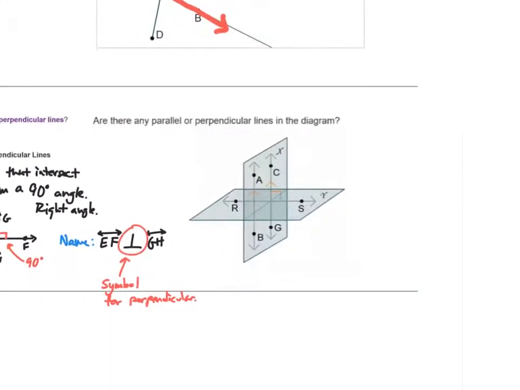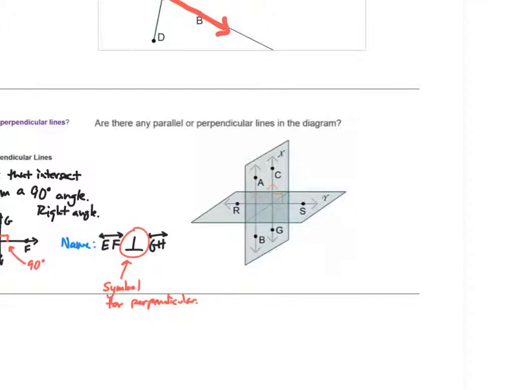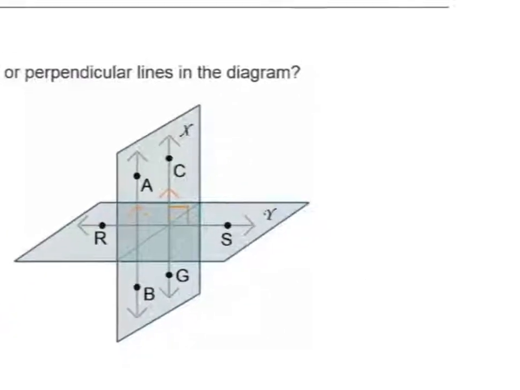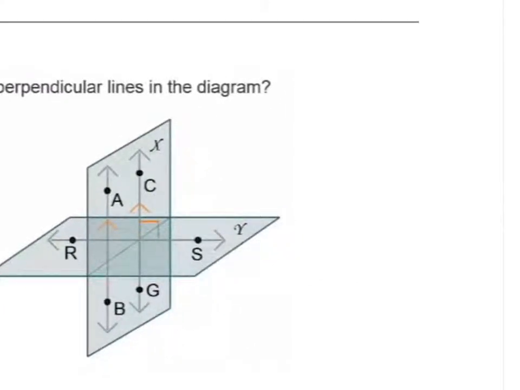Then it says, are there any parallel or perpendicular lines in the diagram? So let's go through here. Based off of our picture, let's identify the parallel lines. Here's how I know: those little arrows. If I take these two lines and I see that they have arrows on them, I know that they are parallel.